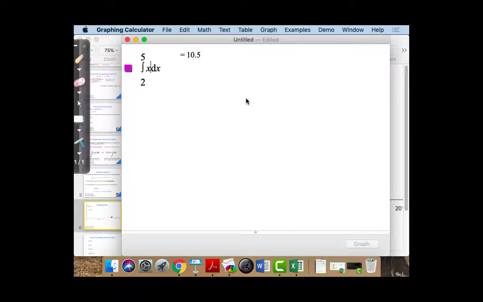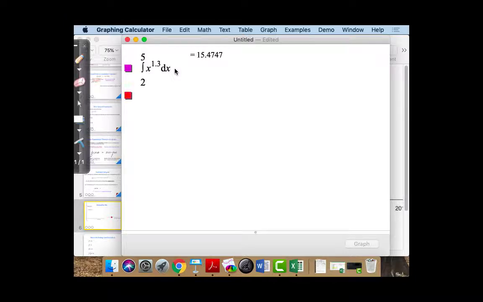So this was t to the 1.3 before. I'm going to do x to the 1.3. Notice that it is the rate function that goes after the integral sign, not the antiderivative. But this says it's about 15.4747. So that would be the number of meters that the ball rises between time 2 and time 5.